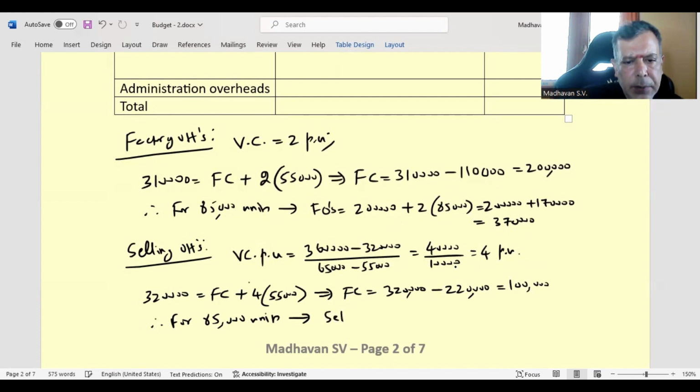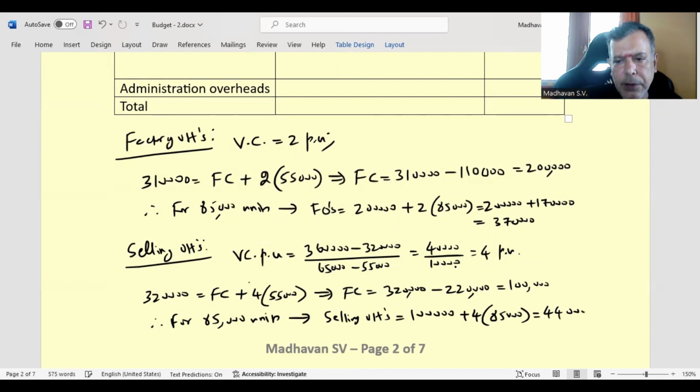selling overheads will be the fixed cost, which is 1 lakh, plus 4 times 85,000. So that will give you 85,000 times 4, which is 3 lakh 40,000. 3 lakh 40,000 plus 1 lakh, 4 lakh 40,000.